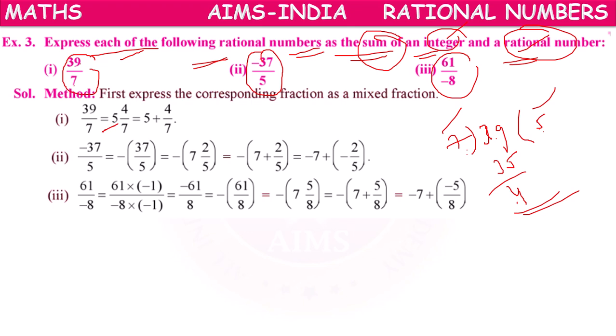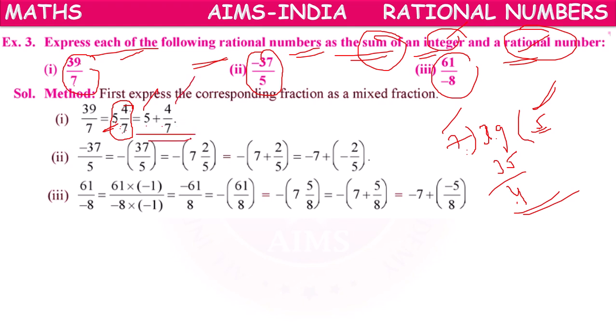So 5 complete parts plus the remaining part 4 by 7. That is 5 and 4 by 7, meaning the quotient plus remainder by divisor, like in the form of a mixed fraction. So 5 and 4 by 7 means 5 complete parts plus 4 by 7th part.